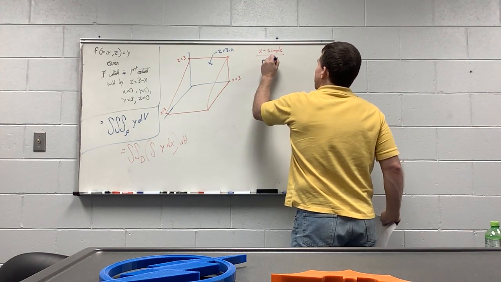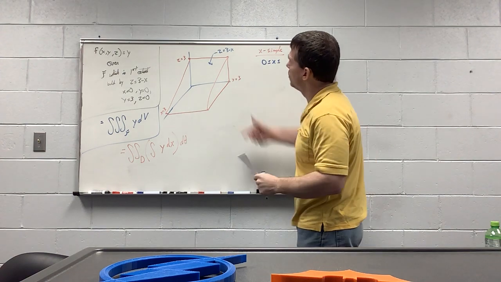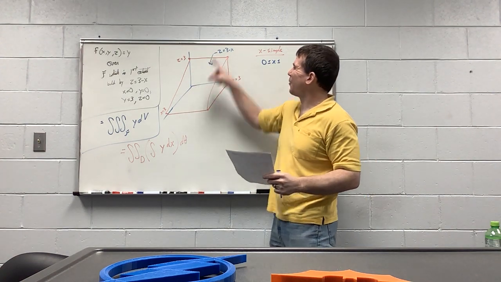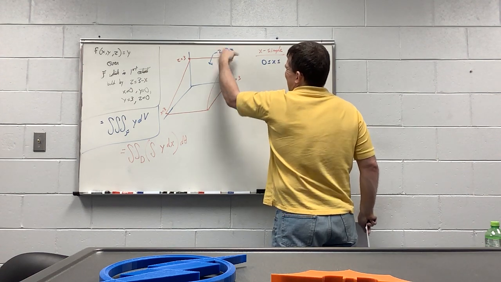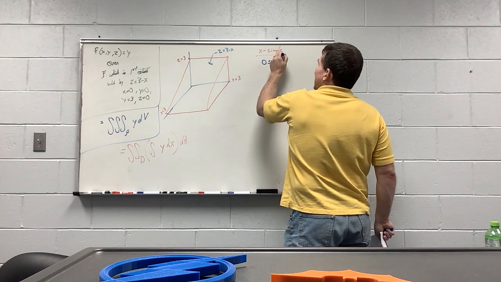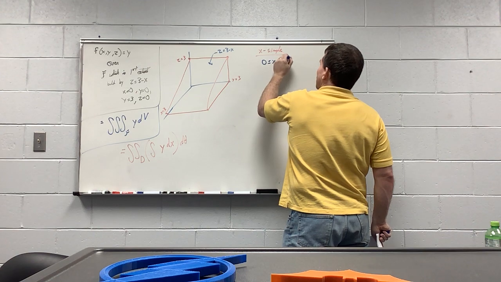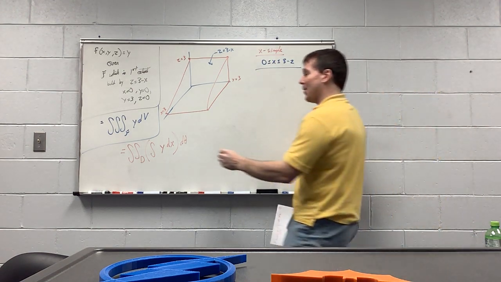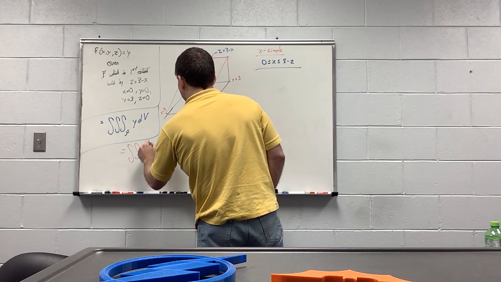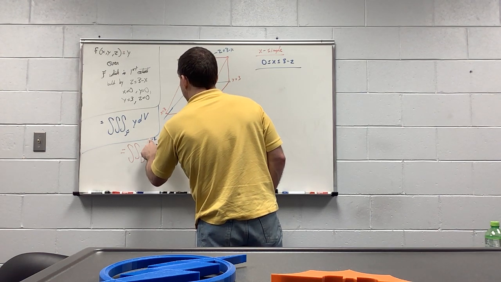So 0 is less than or equal to x is less than or equal to, well, I always exit along the ramp, along the plane. So solve that plane out. Solve it for x, add the x, subtract the z, and I get x equals 3 minus z. So there's my first limit. And now I have my limits of integration. 0 to 3 minus z.